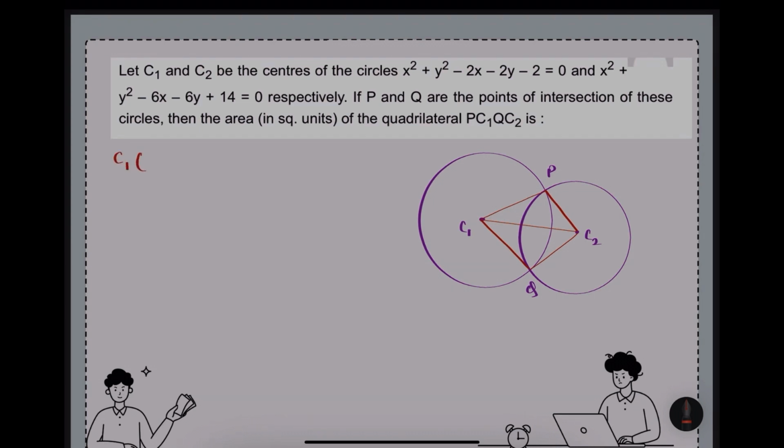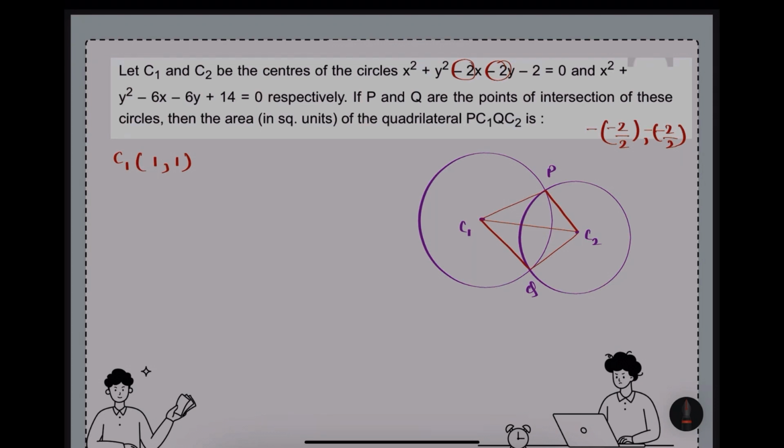You know that you have to divide the coefficient of x by 2, then multiply by minus. So it is 1, correct? And then the coefficient of y by 2, then minus. So it is 1. So you got the center.